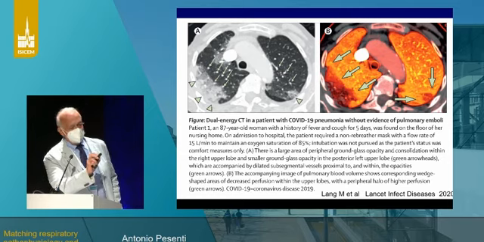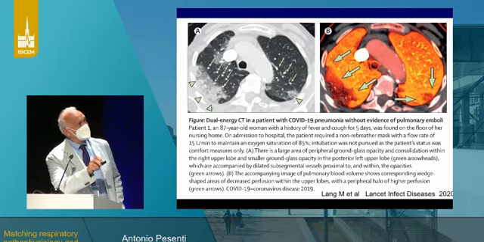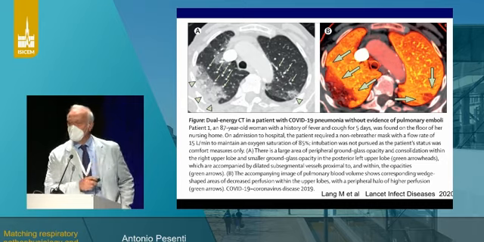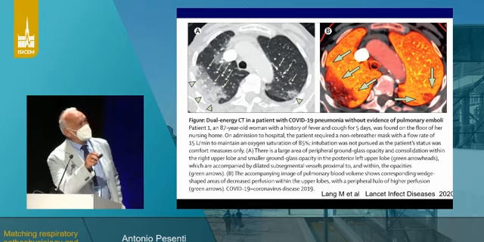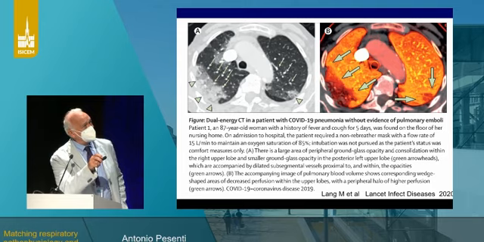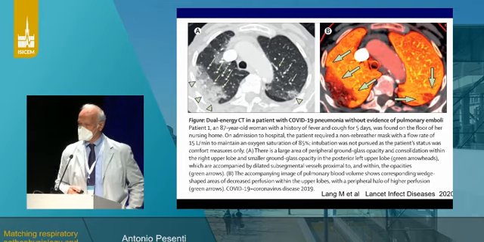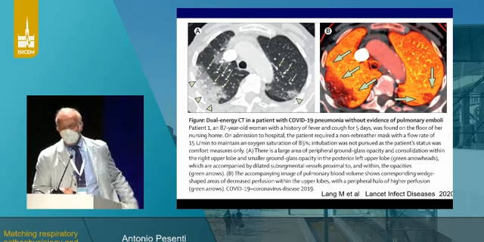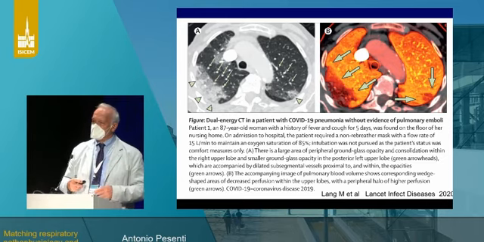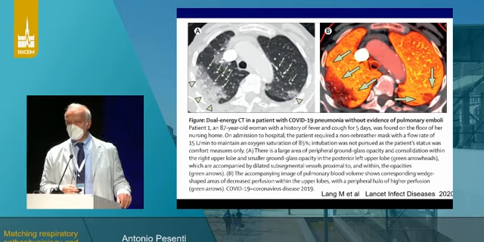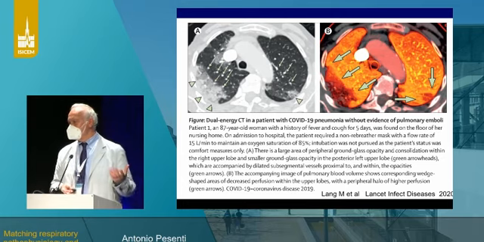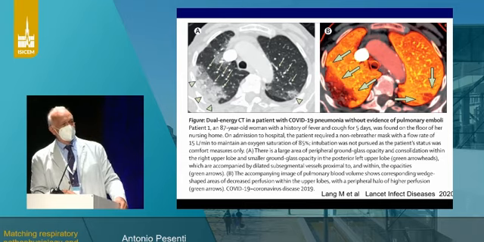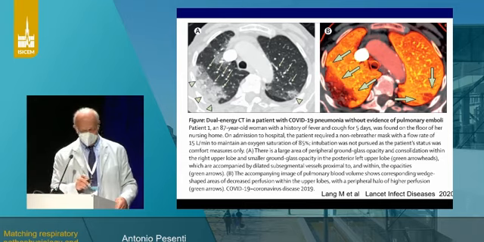But in this scan, it shows that actually the perfusion of the collapsed area is decreased, but the perfusion is increased at the border of the collapsed area. So we are getting more and more information that actually challenge our prejudice about what is going on in the lung.